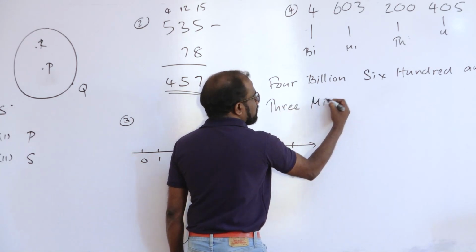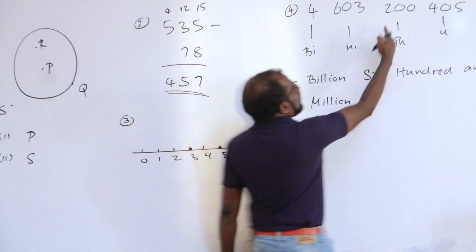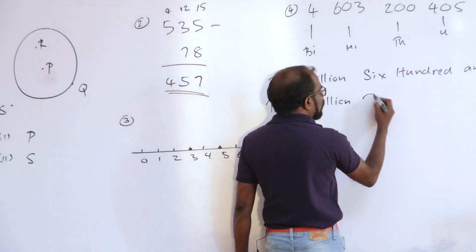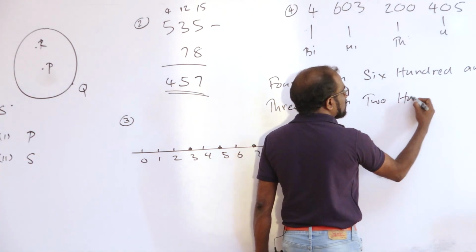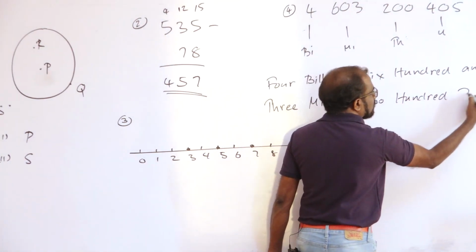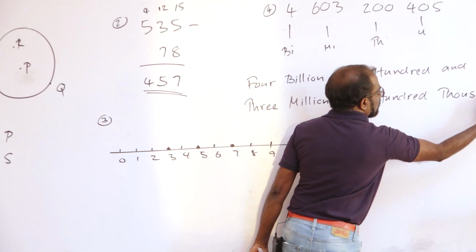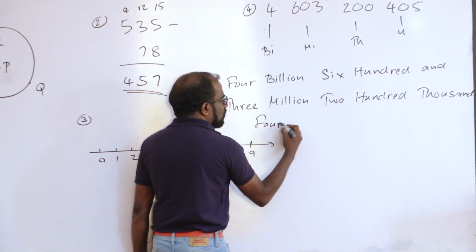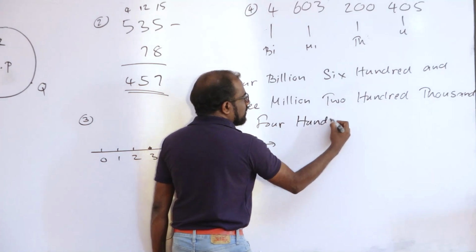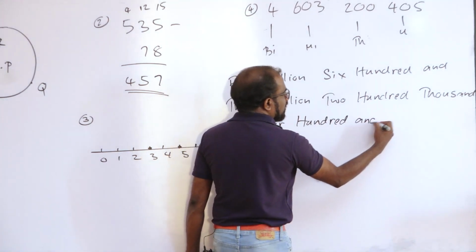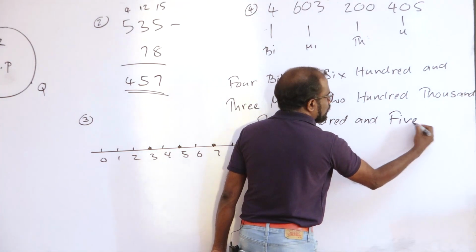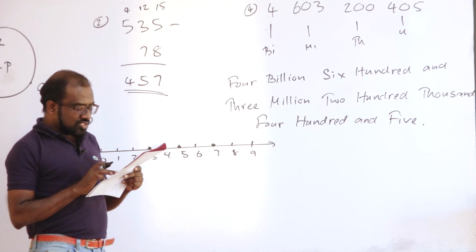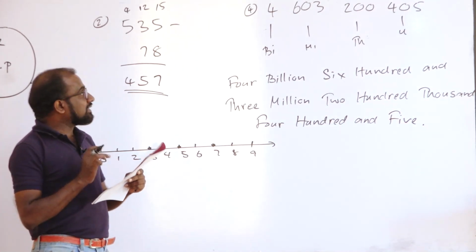Then this number 200, in the thousand zone, so 200,000. The next one, 405. So, what is the mistake which was done by that child?